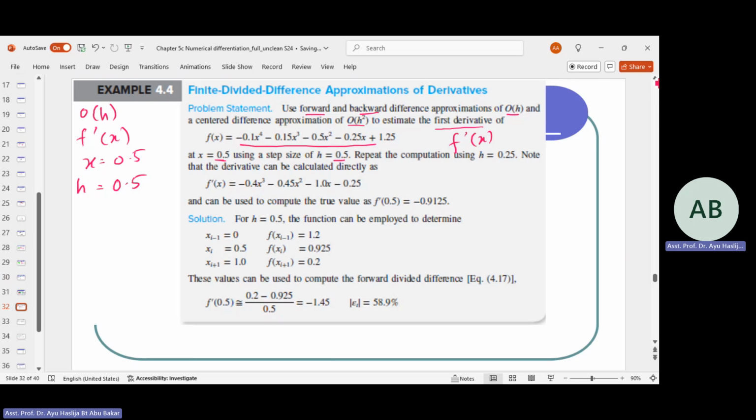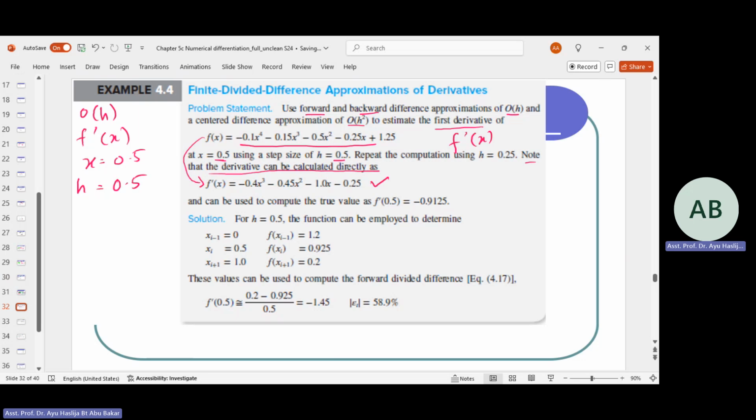Okay, so the derivative now. Take note that the derivative can be calculated directly as this. This is directly derived from the equation. You differentiate directly from the equation.